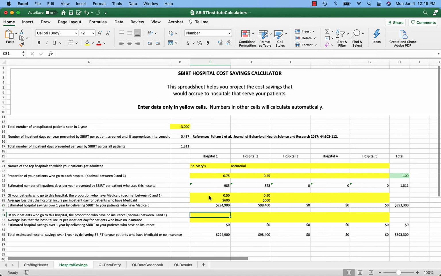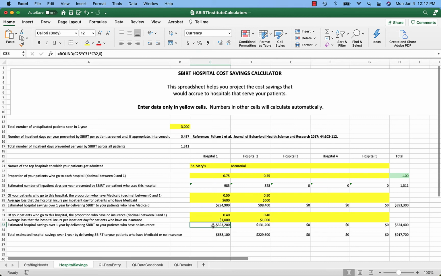In rows 31 through 33, please do the same thing for your patients who have no insurance. I'll assume that 40% of your patients at each hospital have no insurance. And I'll conservatively estimate that hospitals would save $1,000 for each inpatient day avoided. Again, please consult with your hospitals for the actual figures.